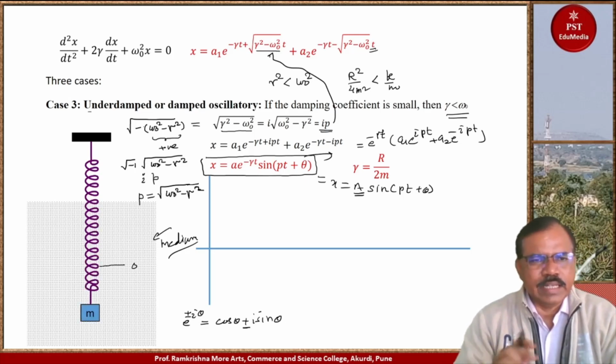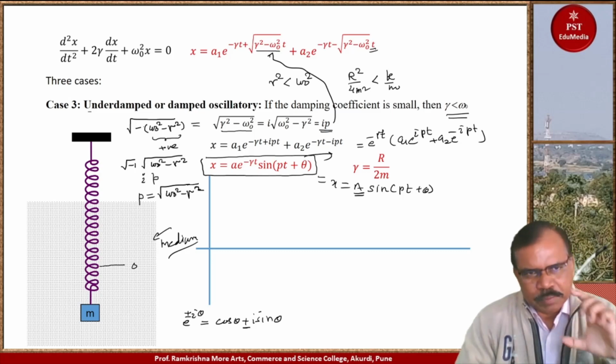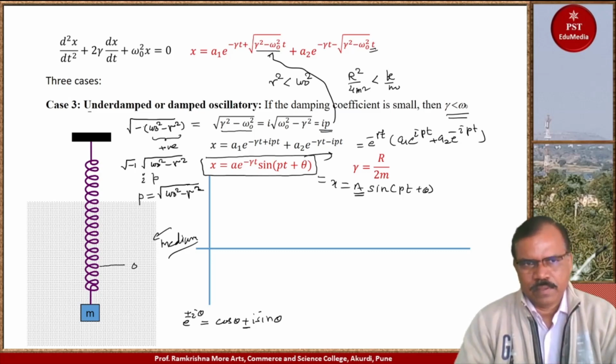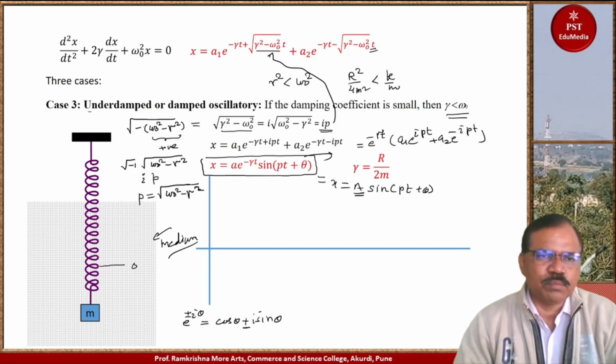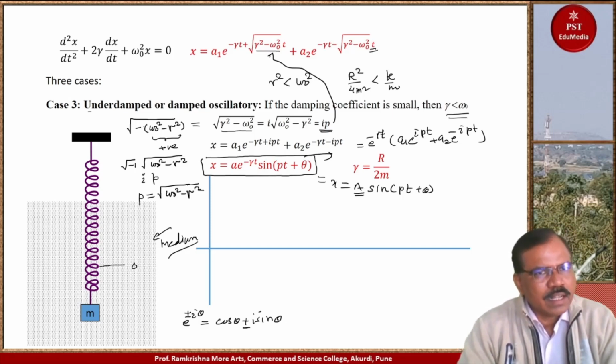We have extended this and released it. Due to the spring, or due to the restoring force, the oscillator will try to go towards the equilibrium position because the force will act towards the equilibrium position, and the medium will oppose the motion. That is called the damping force, and it is proportional to velocity.